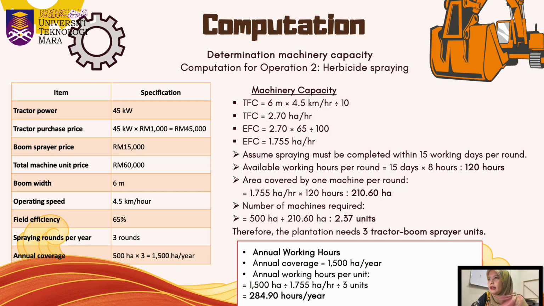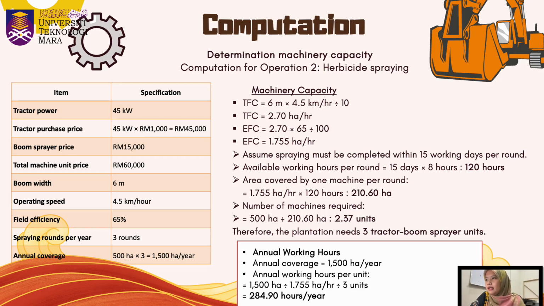Next, let's examine operation 2, herbicide spraying, which covers chemical weed control across our block. For this setup, we opted for a slightly smaller 45 kilowatt tractor coupled with a wide 6.0 meter boom sprayer, representing a total unit investment of RM60,000.